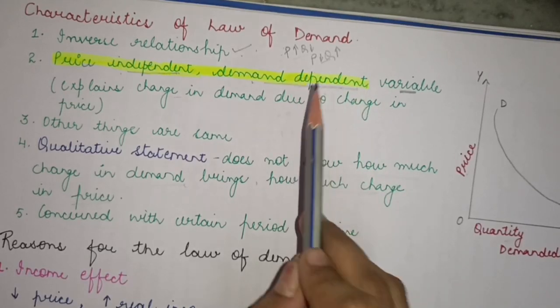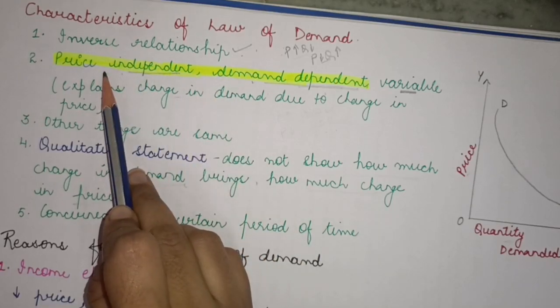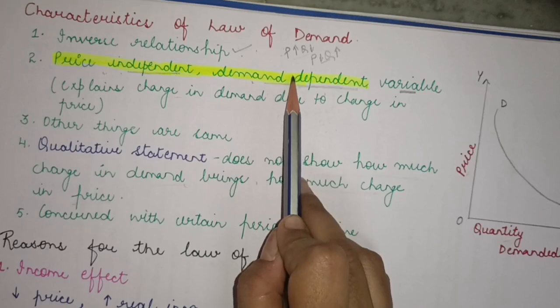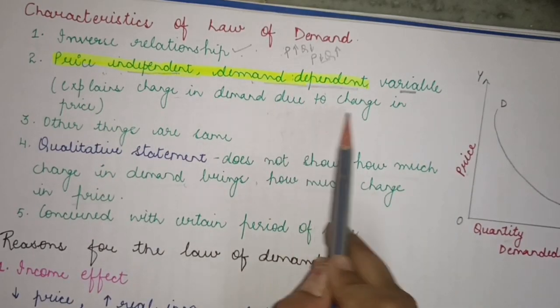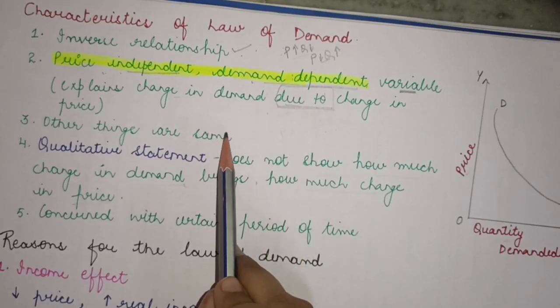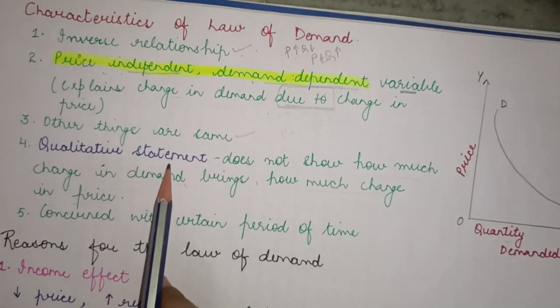Why? Because always in case of the law of demand we consider that the price will change and due to it the demand will change, not the other way around. That is why it explains the change in demand due to change in price. Now this word "due to" is very important here. Next, other things are the same, something that you already know now, and it is a qualitative statement.